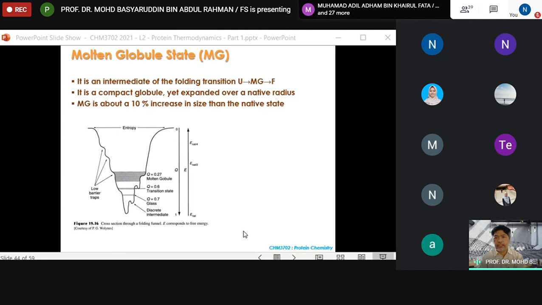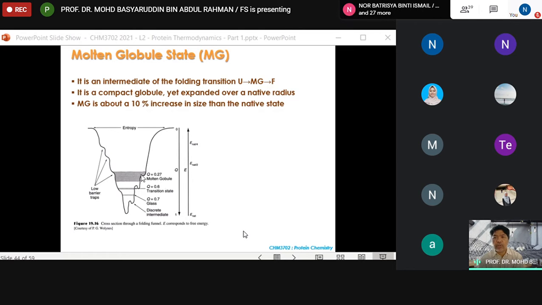Basically, it is an intermediate. If you look at this, we're talking about entropy, the randomness, then we have the energy. Of course, this is the lowest, where the native enzyme is. And then this is the glass state, the transition state, and this is where most of the molten globule is.